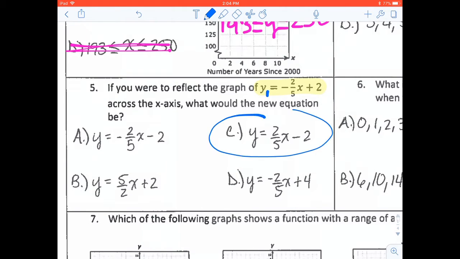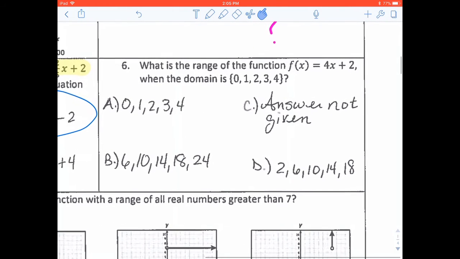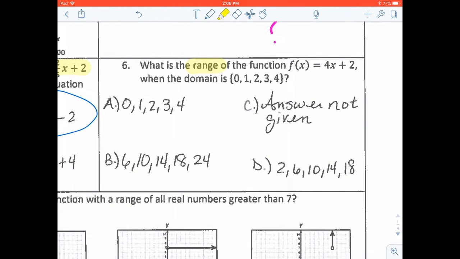Question 5. What is the range? So the question is asking what are the Y values if they give me the X values here. If you need to, you can make a table. X, Y, so 0, 1, 2, 3, 4. Those are my X values. We want to know what are the Y values. We have an equation right here.